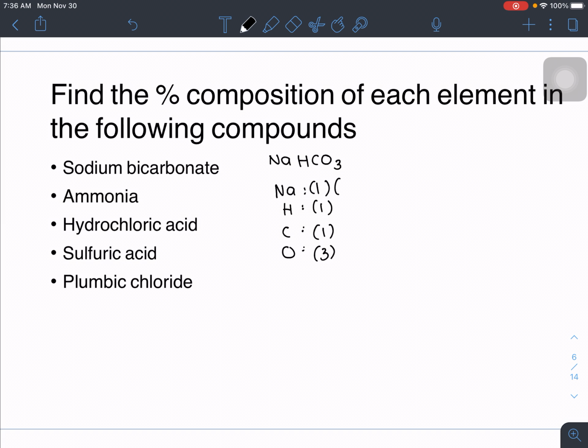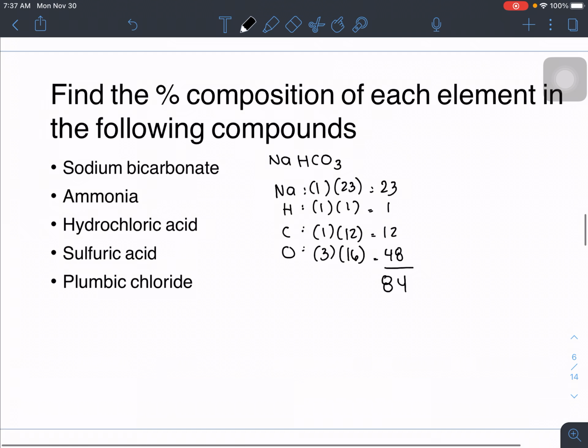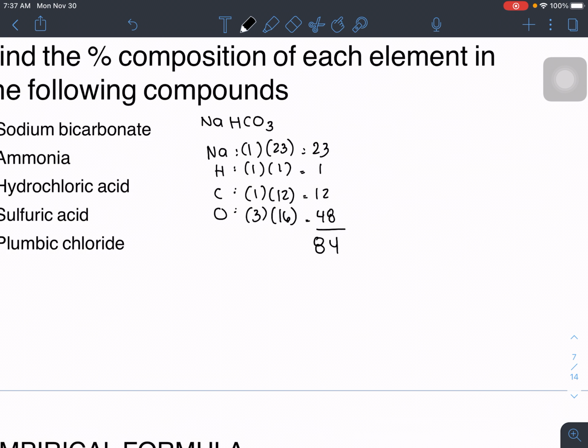That will be 23, 1, 12, and 16 times 3, so the total will be 84.